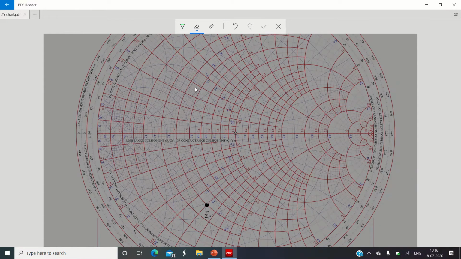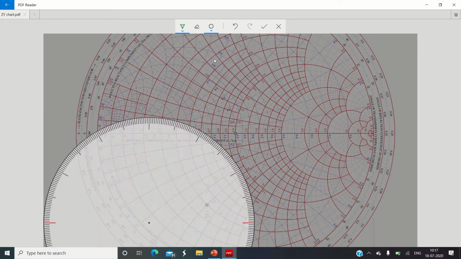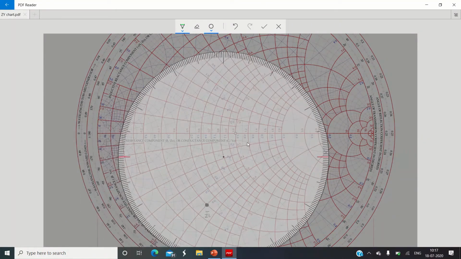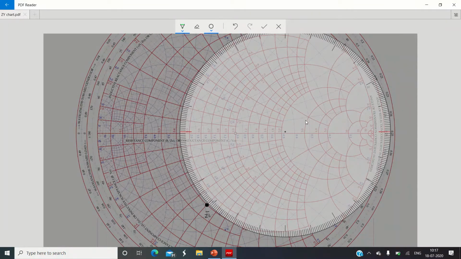So I want to trace this circle. You need to first find where the center point of this particular circle is. So I will take a compass.